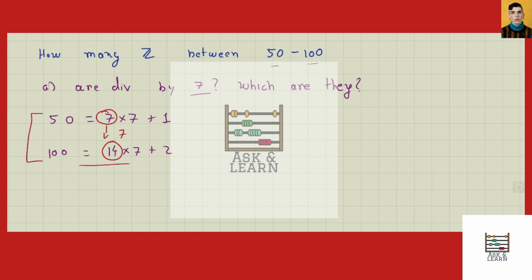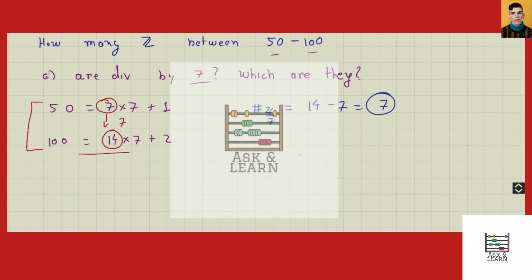Okay, so the number of integers that are divisible by 7 is going to be 14 minus 7, and in this case there are 7 possibilities. Now, which are they?